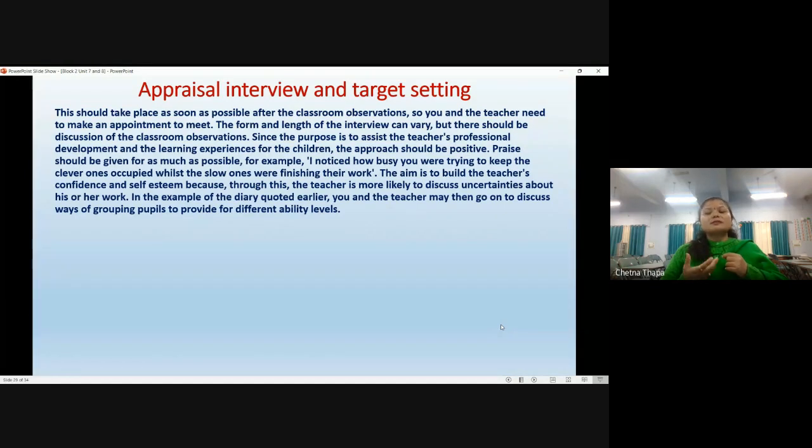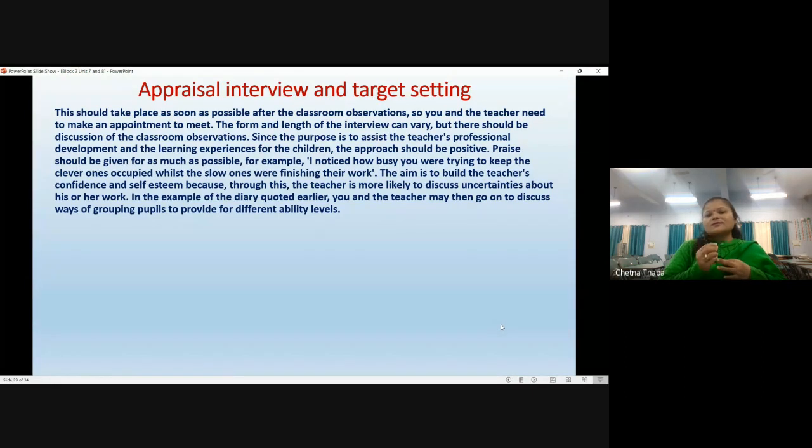They should be positive. You should praise the individual first before constructively criticizing the individual. Begin with the praises first. Like for example, if you have seen the teacher doing certain work, you can give an example that I noticed how you were trying to keep the clever ones busy and occupied when the slow ones were doing or finishing their work.